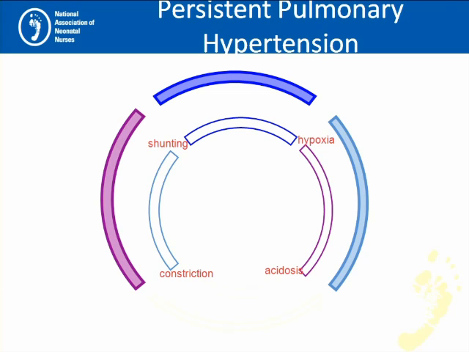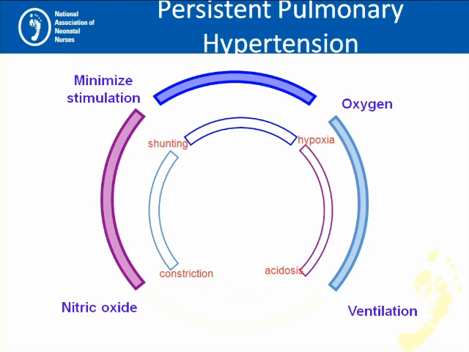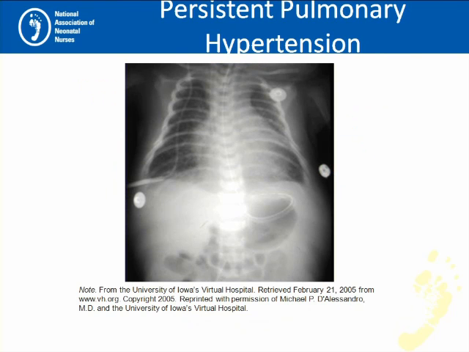Methods to increase pulmonary vasodilation include administering oxygen to manage hypoxia, providing ventilation to help oxygenate and decrease acidosis, which causes hypertension, administering nitric oxide to help dilate the pulmonary vessels, and providing minimal stimulation and blood pressure support to help reduce shunting. In persistent pulmonary hypertension, the lungs may appear hyperlucent, normal, or have evidence of underlying cause, such as aspiration or pneumonia.